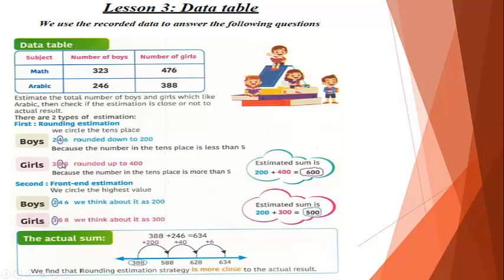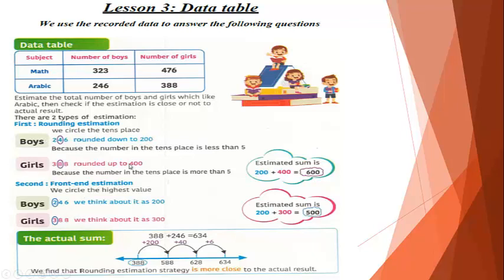More than 5, so it will round the number up to 400. The 3 will become 4, so it will give 1 to the number. If it is greater than 5, it will give 1 to the next house. So the 300 will become 400. Okay? And then here, the boys, it's rounded to 200.